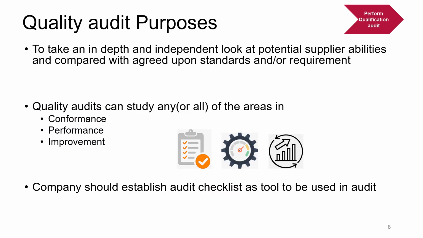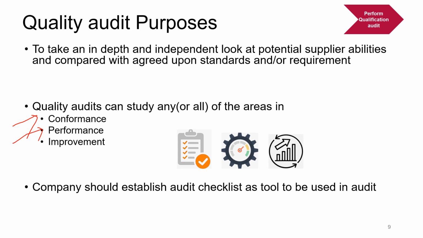Let's understand a little bit more on quality audit purpose, where it's supposed to take an in-depth and independent look at suppliers' abilities as compared to the agreed upon standards or requirements. Quality audits can cover 3 areas. Conformance means how well a supplier's organization is meeting the requirements of agreed upon standards such as ISO, and is more like an ISO style audit.